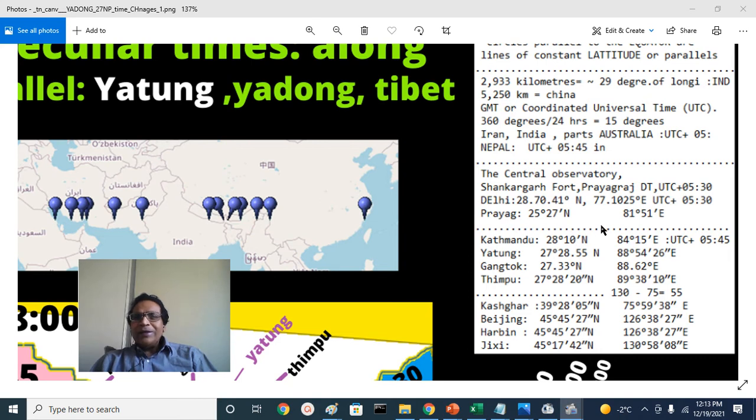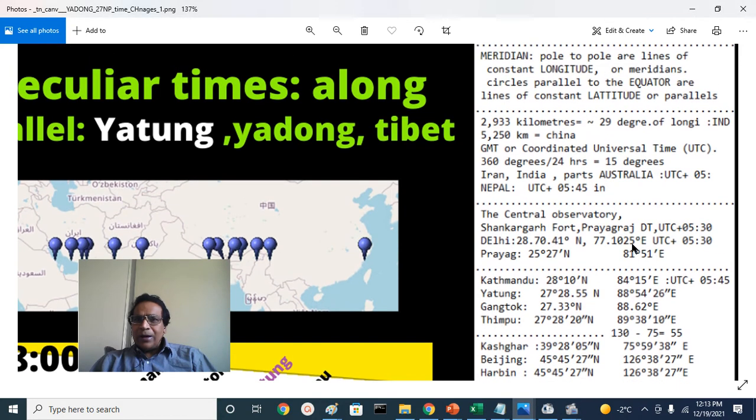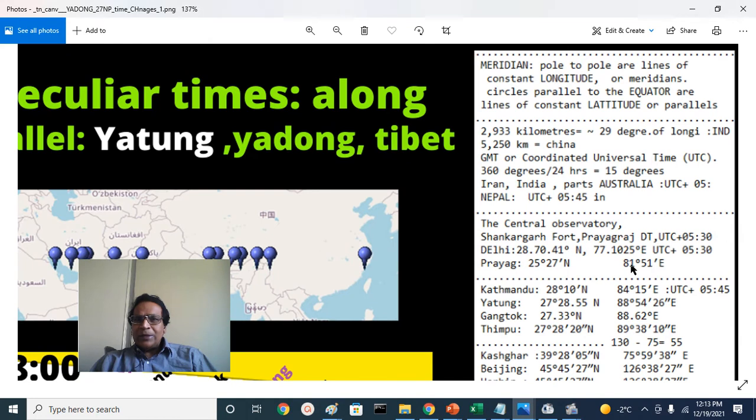Prayag is actually 81 degrees, 51 minutes, and so on. So that will be 5.5 hours. That is a place called Shankargarh. That's why Indian Standard Time is 5.5 hours ahead of GMT. That is calculated from a place called Shankargarh near Prayag Tirthraj, or the Islamized name, Allahabad.